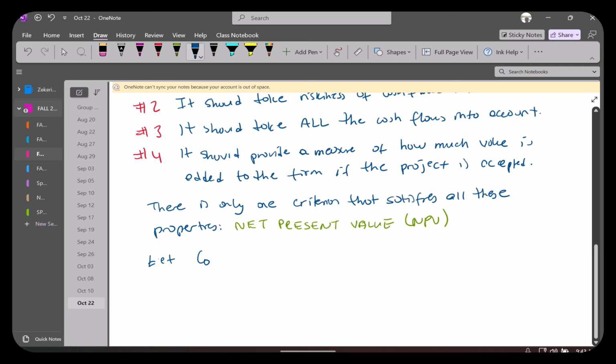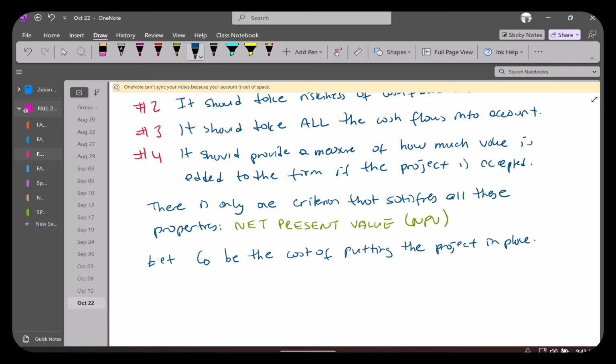Let C0 be the cost of putting the project in place. If you get a new product, you've got to basically build new facilities, buy certain equipment, machinery, maybe a little bit of inventory and that sort of stuff.